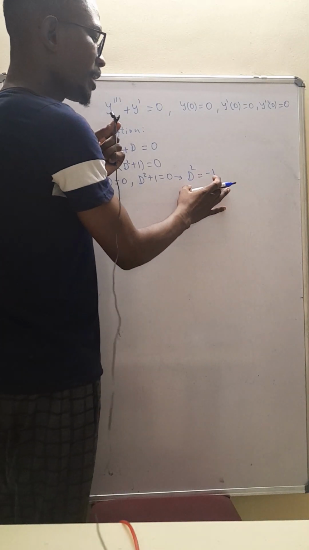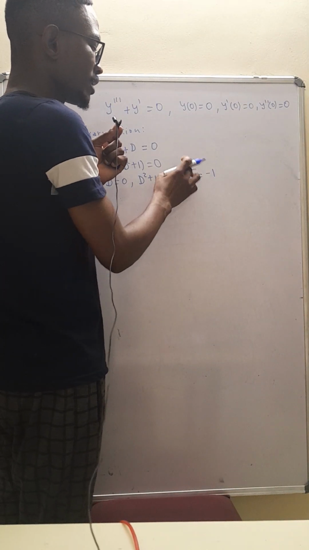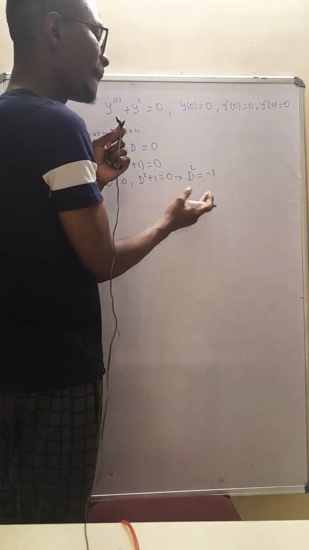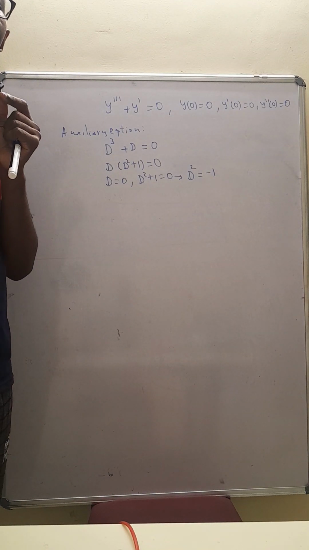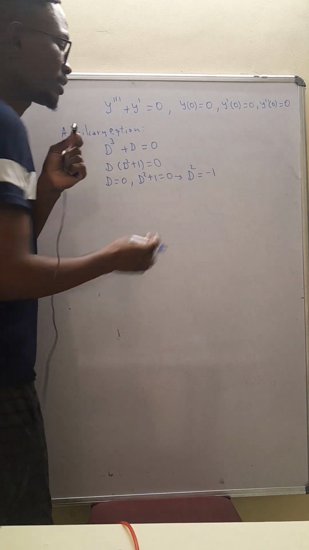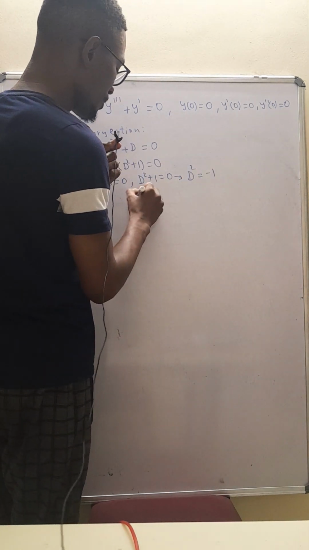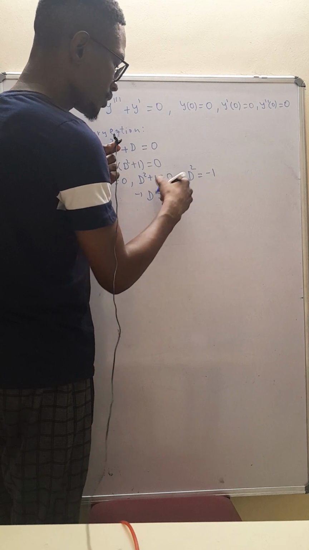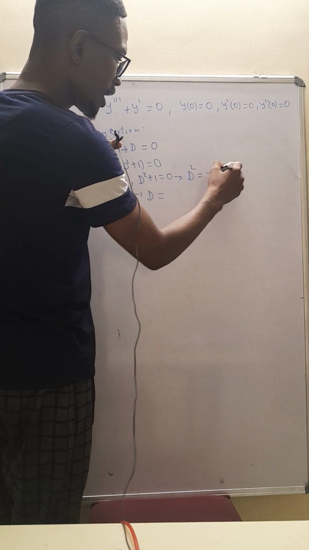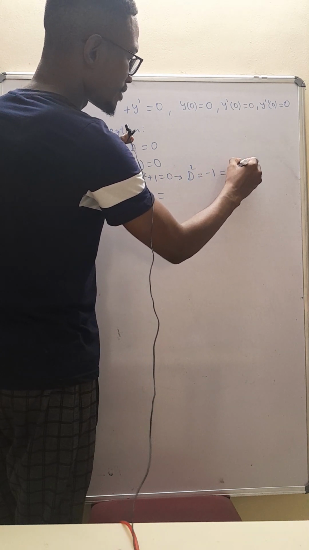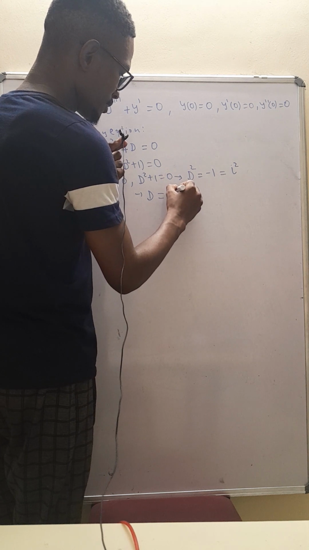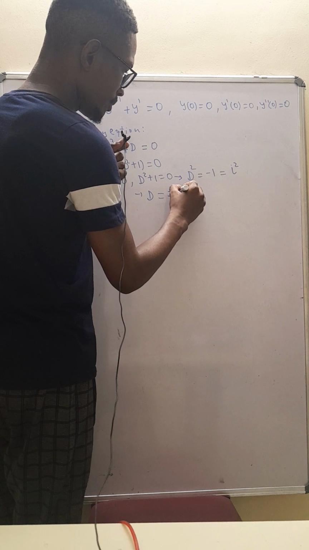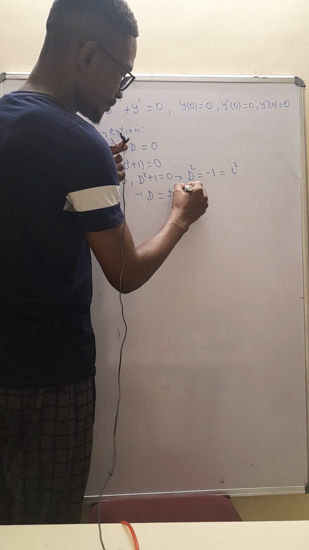We know that in the domain of real numbers, there is no number whose square is negative, but we are solving not only for real numbers, we are solving also for imaginary numbers. So we can just solve for this one. d will be equal to plus or minus the square root of minus 1, which is plus or minus i.